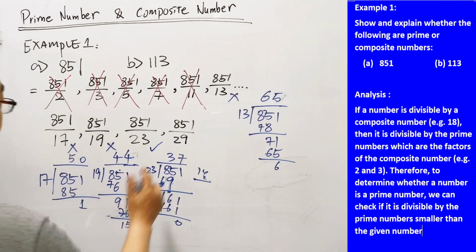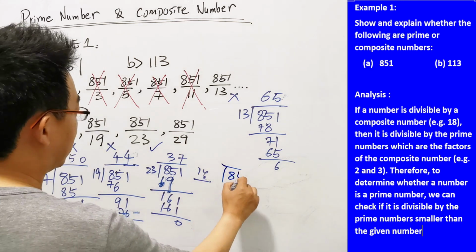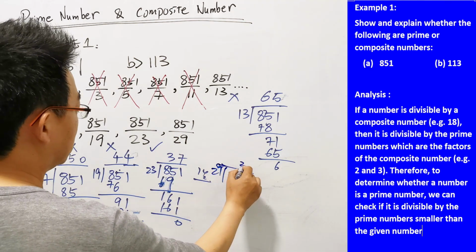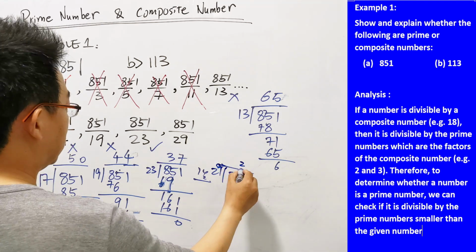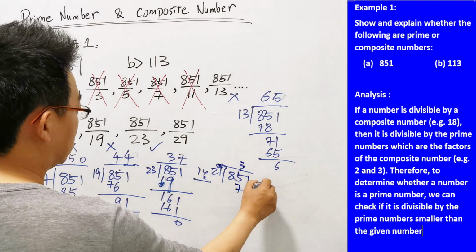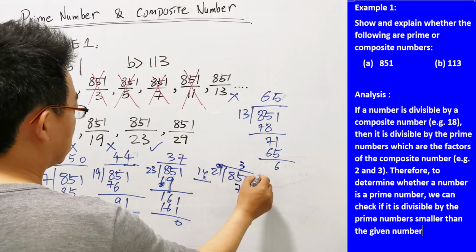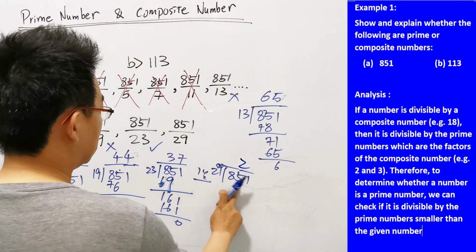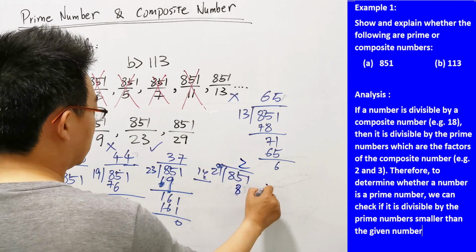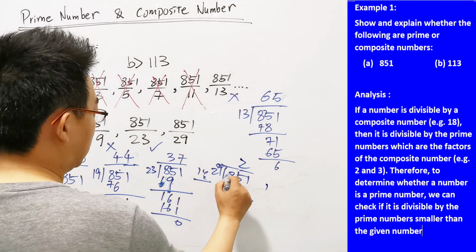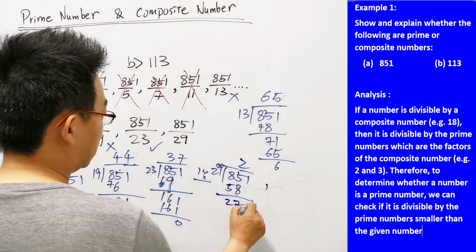So probably this one is also cannot, right? 29. So we get 2, 3, right? 6. 2 in this case, 1, and 5. So in this case 7, 2, 1.